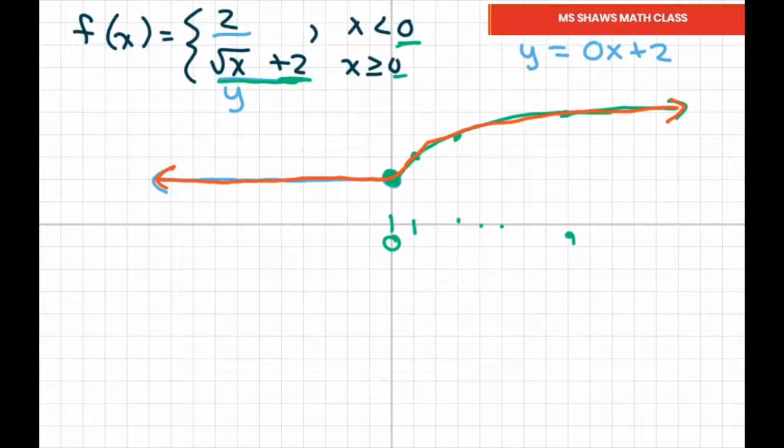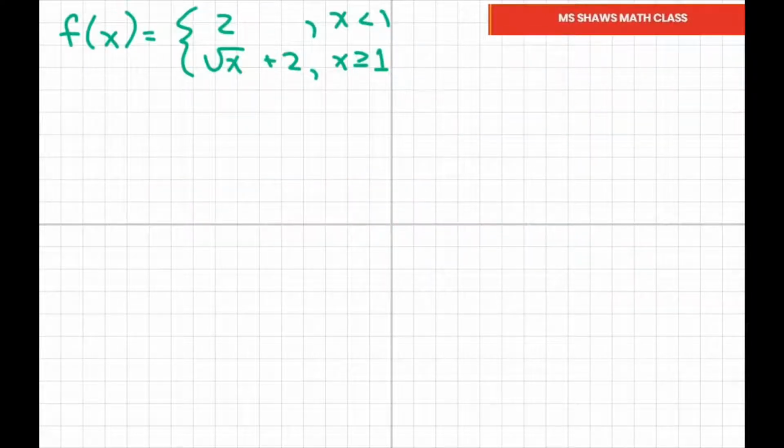All right, now let's graph the second one. Okay, so where everything's happening is at 1. So for the first one, if I go to 1, that goes to 2, but it can't equal 2, so that's going to be an open circle right in here. All numbers less than 1 are going to be equal to 2.